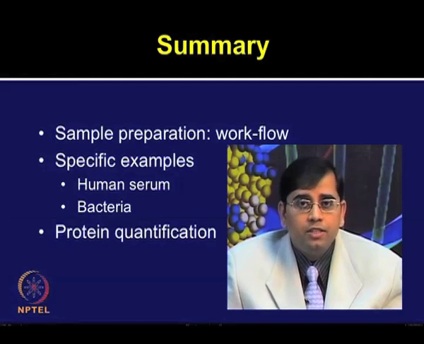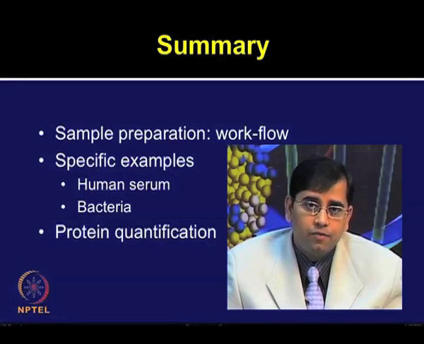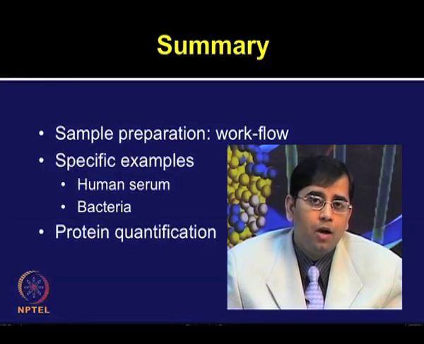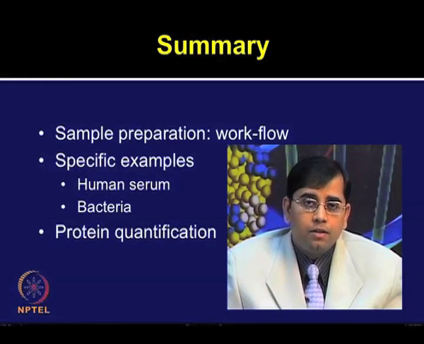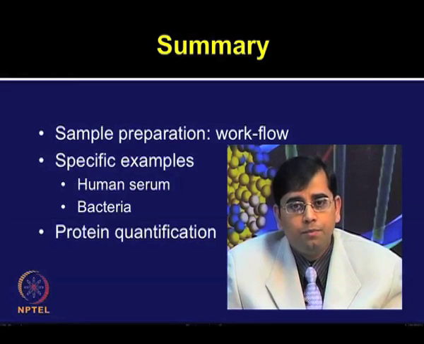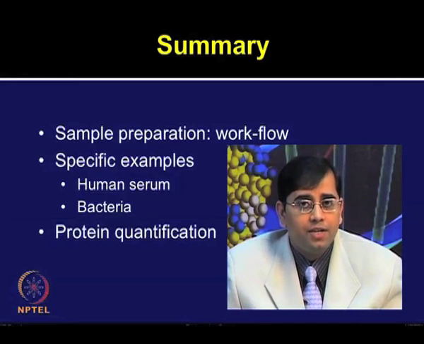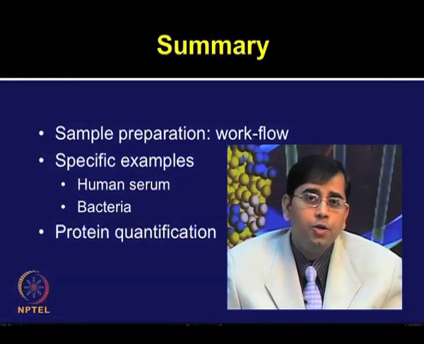We discussed in more detail different criteria being used for analysis of clinical samples, and then we talked about how to analyze human serum samples. Then we discussed bacterial protein extraction and how one can analyze the bacterial proteome. Finally, we talked about protein quantification, how to determine the protein quantity present in your given sample.